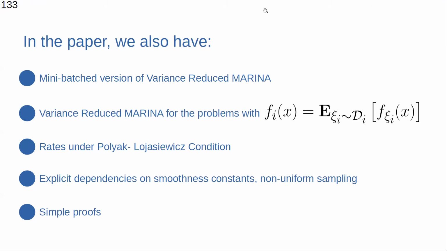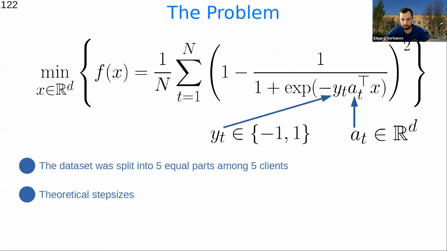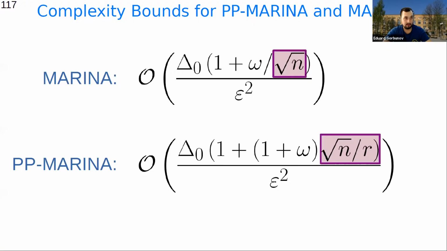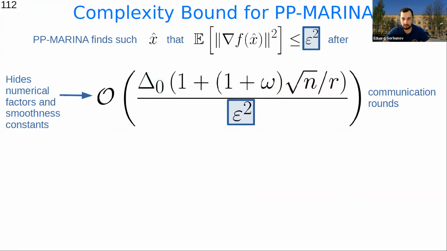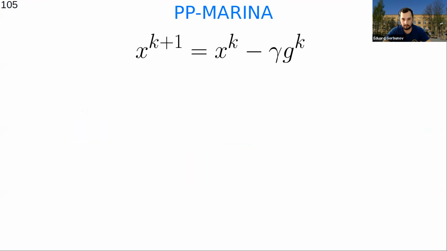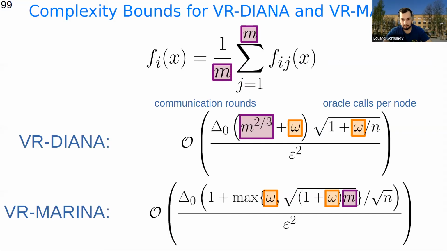Eduard, first of all, thank you for the great talk. The question is, you previously said that in case we consider the identical quantization, which actually means no quantization appears, the rate of variance reduced MARINA becomes equal to the rate of PAGE. Yes. It becomes some version of distributed PAGE, and when we further take n to be 1, then the rate recovers the rate of PAGE.